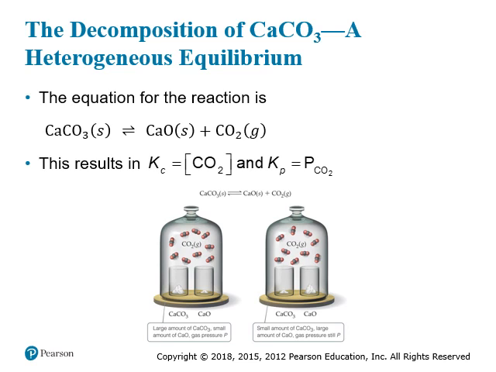Here we see a system that involves the decomposition of calcium carbonate into calcium oxide and carbon dioxide. Now, since calcium carbonate is a solid, since calcium oxide is a solid, we do not represent them in the equilibrium constant expression.